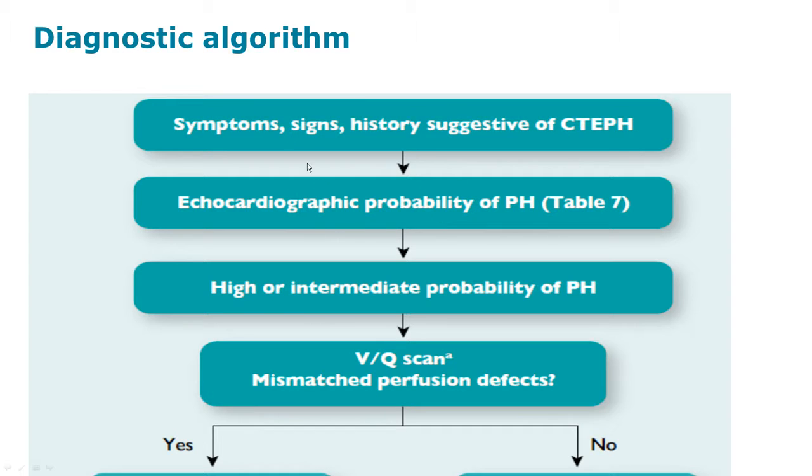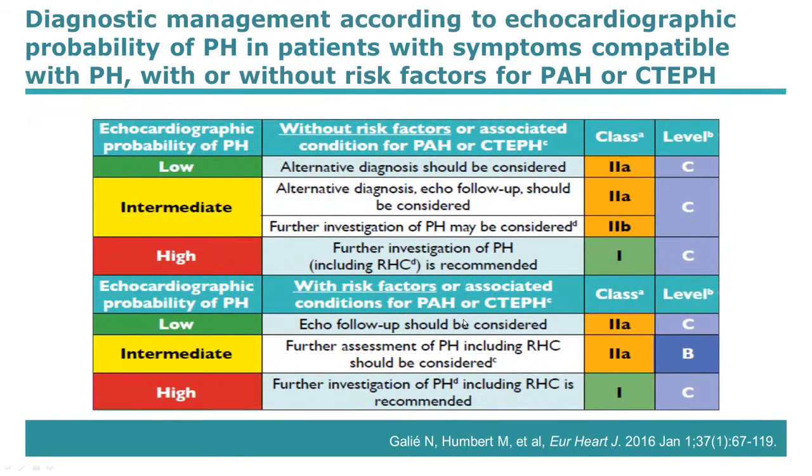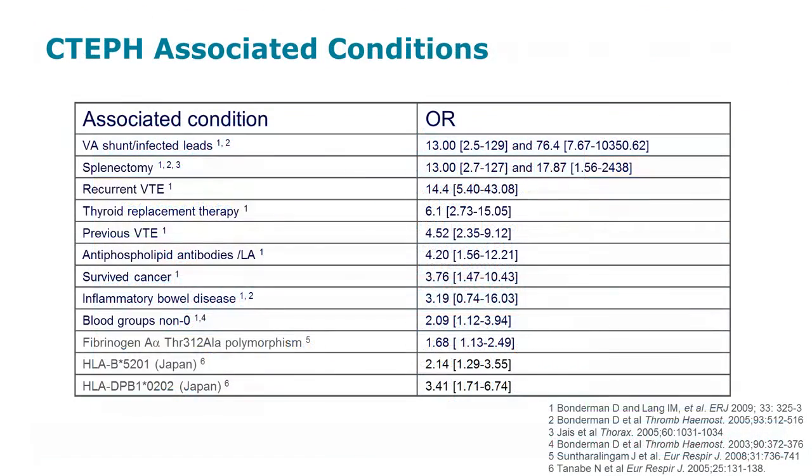There is echo, very, very important, and then the ventilation perfusion scan is the next level of diagnostic evidence. So in echo, there is a mention in the guidelines that you consider risk factors. But I think we have to bring in more of the knowledge of the risk factors, and this is an original publication from several groups that have listed ventricular atrial shunt, maybe not so common, but splenectomy is not so rare.